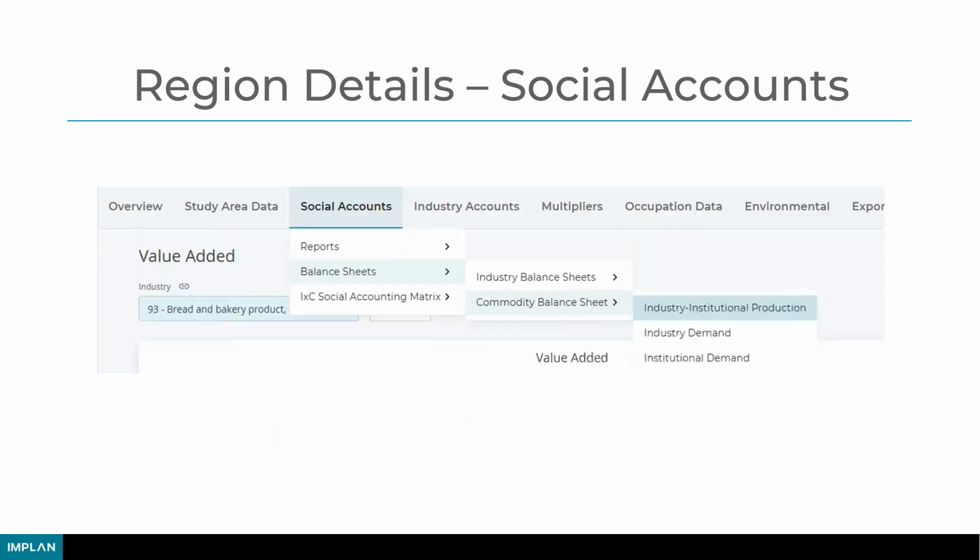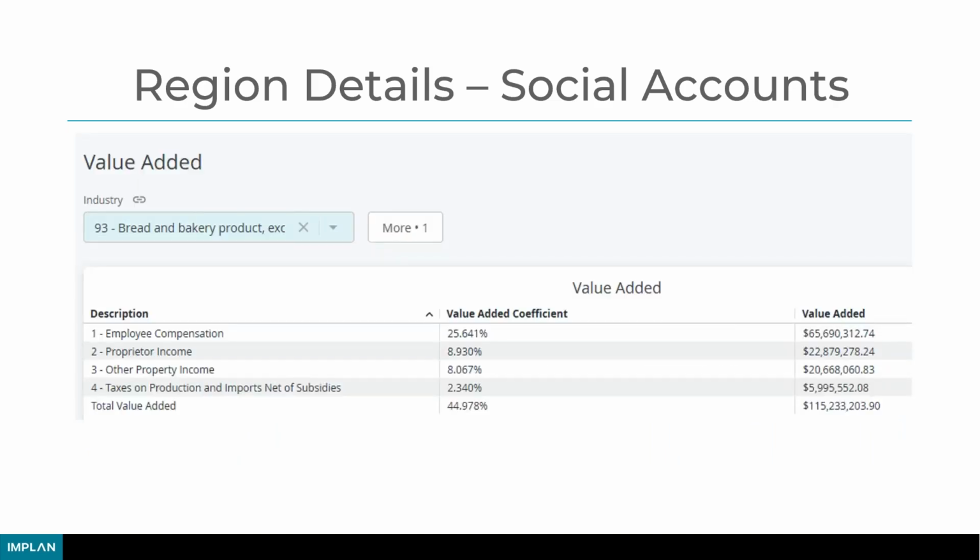And then finally, one of these pieces is value added. So in other words, what we're looking at are breakdowns for this industry, not intermediate inputs, but what are their expenses on employee compensation as a total percentage of their output.